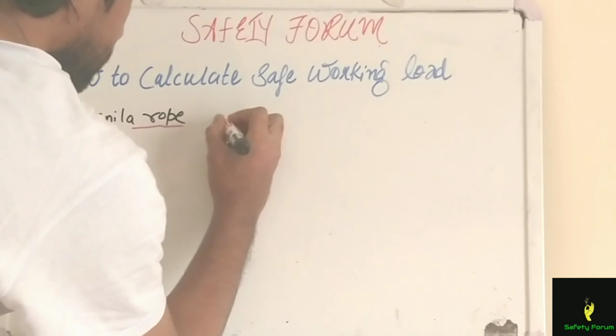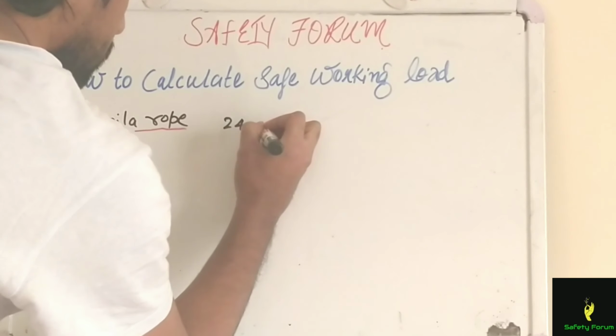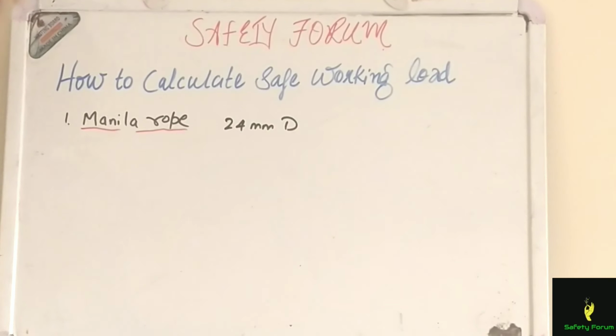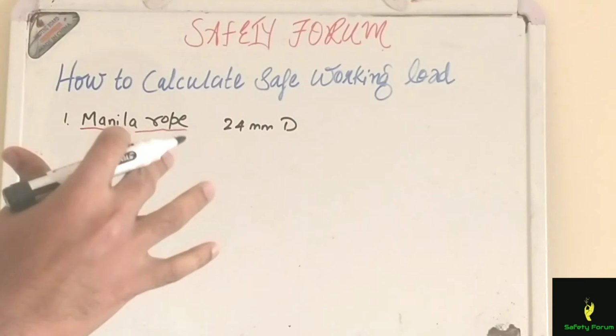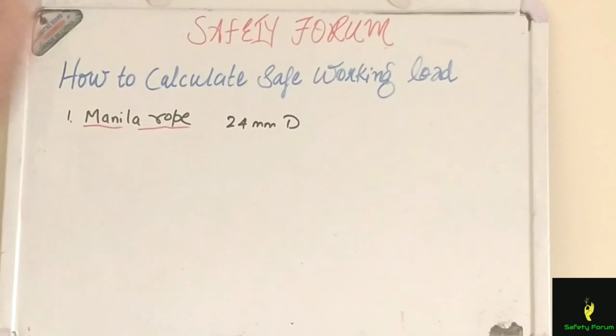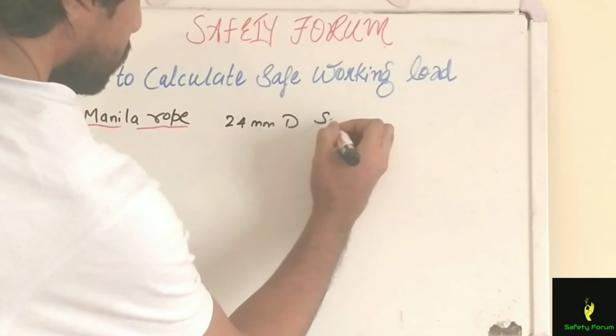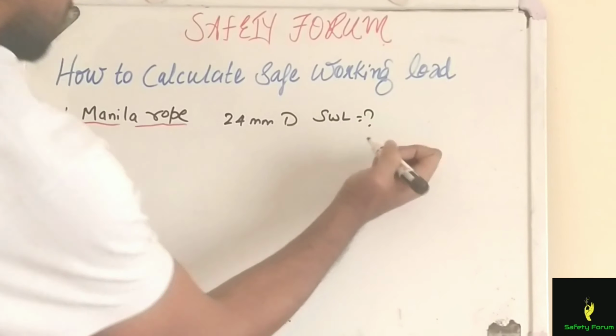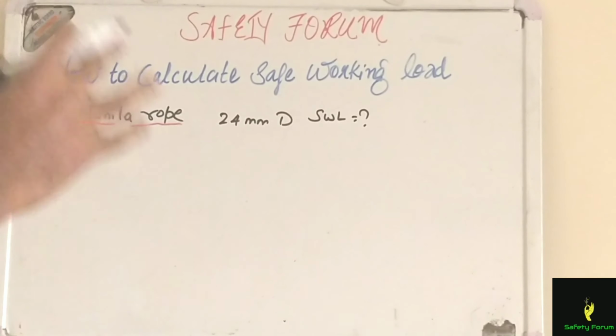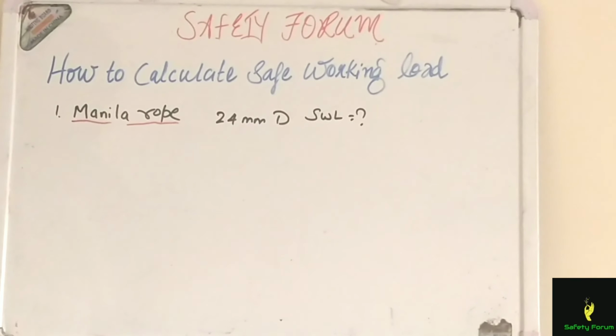So friends, let us see an example. We will take a common example here and discuss the different case studies. We will discuss a 24 mm diameter manila rope. Let us think you have a 24 mm diameter manila rope available, and you have to find the safe working load using this formula.